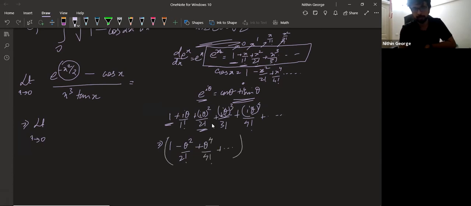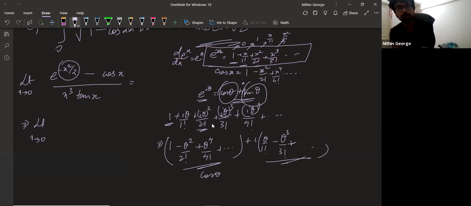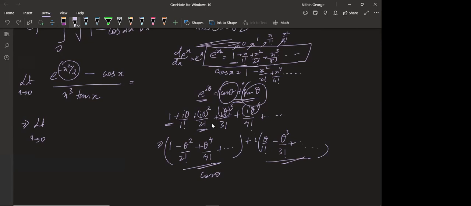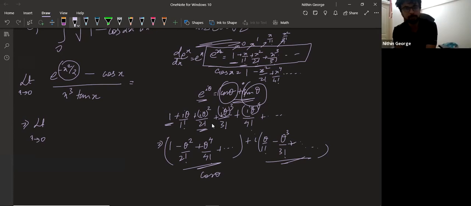And the imaginary part will be theta by 1 factorial, i cubed theta cubed, which becomes minus i into theta cubed by 3 factorial, and so on, with i outside. So the real part is the cos theta part, and the imaginary part is the sin theta part. This is where you get the formulas for cos theta and sin theta. Yes, sir. But it's better to remember them.